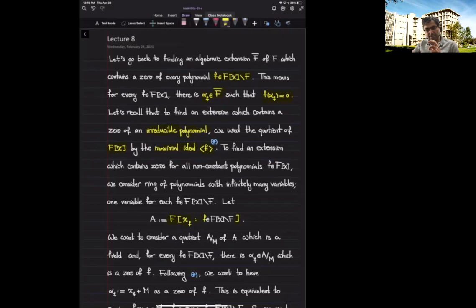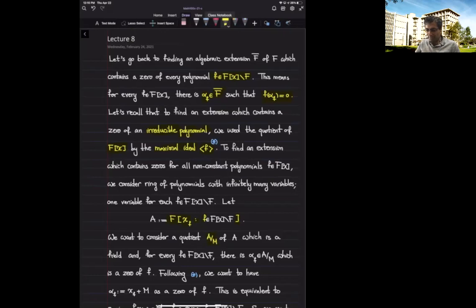So remember, A over M is a field if and only if M is a maximal ideal. So this means we need to look for a maximal ideal inside A. Okay, what kind of maximal ideal? We want to make sure that when we mod out, these polynomials have zeros.